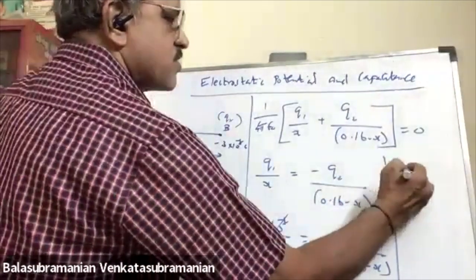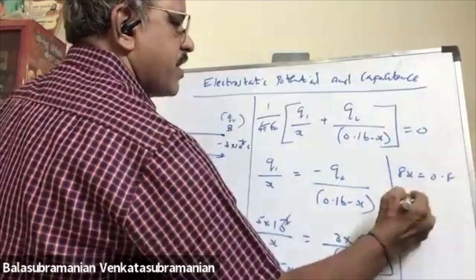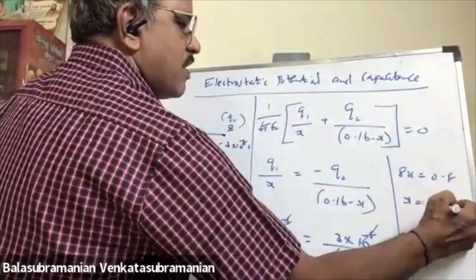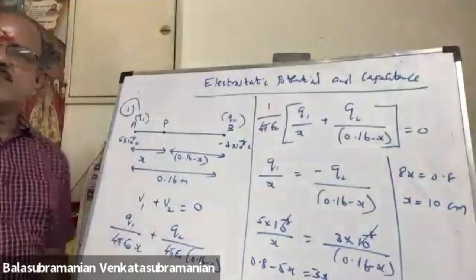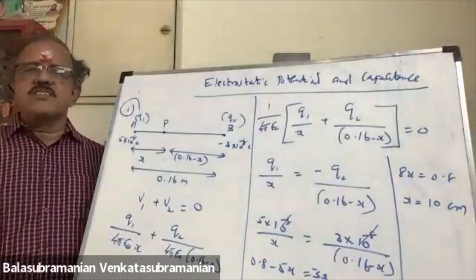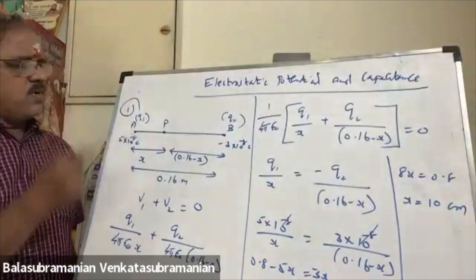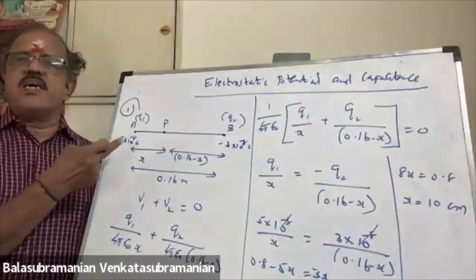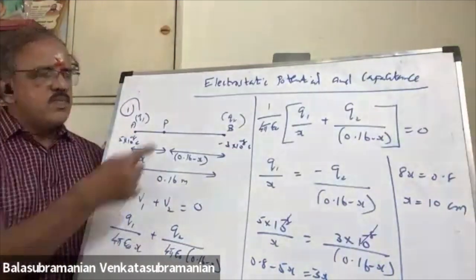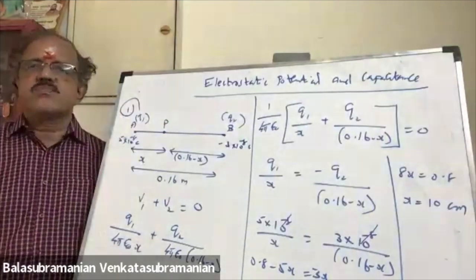So 8x is equal to 0.8, x is equal to 10 centimeter. So at a distance of 10 centimeter from the Q1 charge, that is 5 into 10 power minus 8 coulomb, the potential is 0.